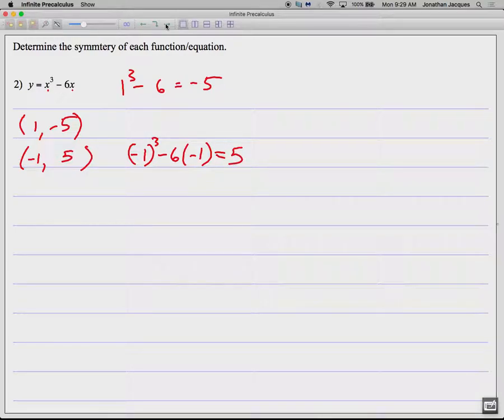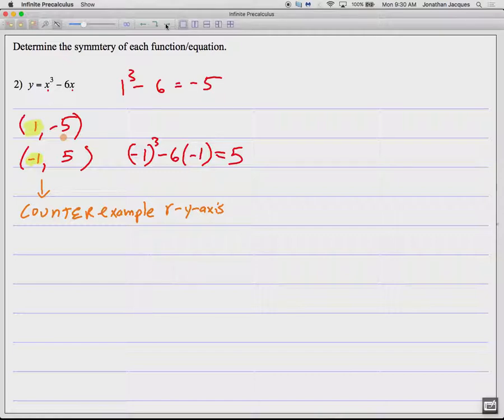So I'm really looking to see if there's anything that I can get rid of. By plugging in opposites, if it were even, also known as reflection over the y-axis, the answers that I got out would have been the same. And since they're opposites, this is a counterexample for reflection over the y-axis.